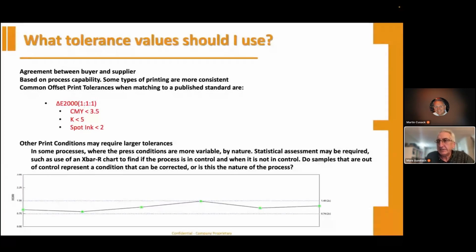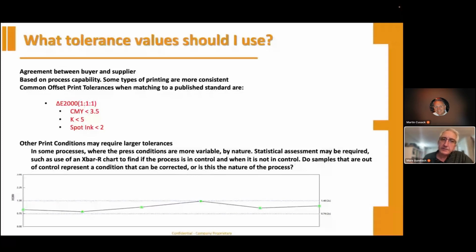For example, if you're printing on a corrugated board stock on a brown craft paper, the materials that go into making the substrate itself vary significantly, and it's going to introduce more variability in the process. But if I'm printing on a white film and it's fairly consistent, then I can hold maybe tighter tolerances.